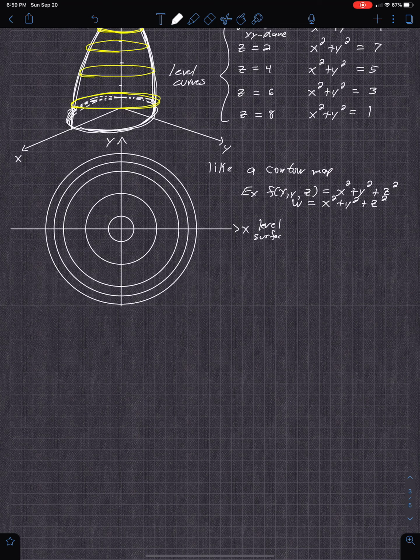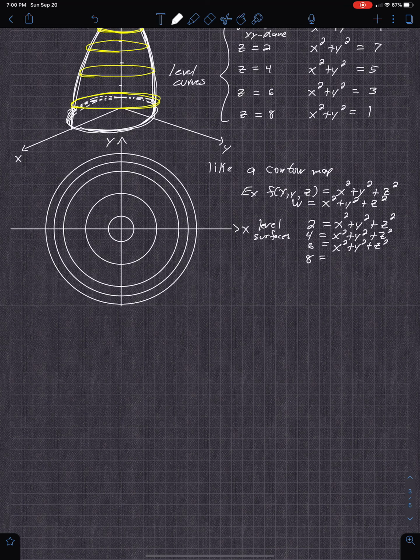So the projection goes down from 4 dimensions to 3 dimensions. Your 3D level surfaces then will be 2 equals x squared plus y squared plus z squared, and then 4 equals x squared plus y squared plus z squared, and then 6, 8, all the same, of course. So what type of surface is that?